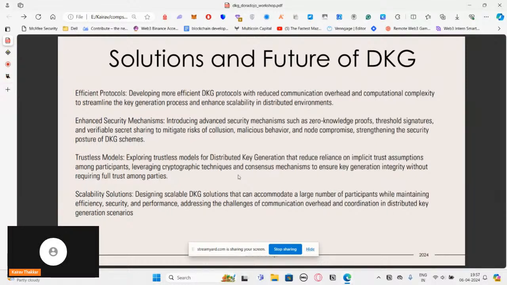Okay. Next, we have trustless models, and again, as I said, if we are able to generate trustless models in a way that, at the point of generation of parts of the key, there are no trust assumptions, then we would be in a much better state of distributed key generation. And then there are scalability solutions.